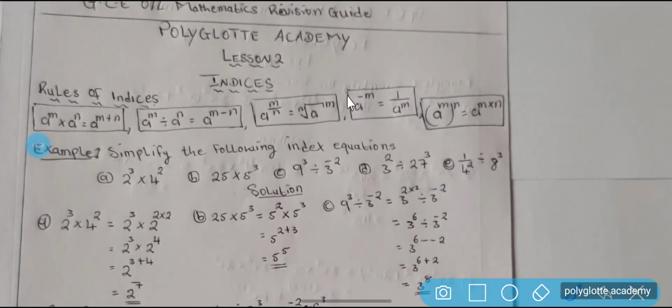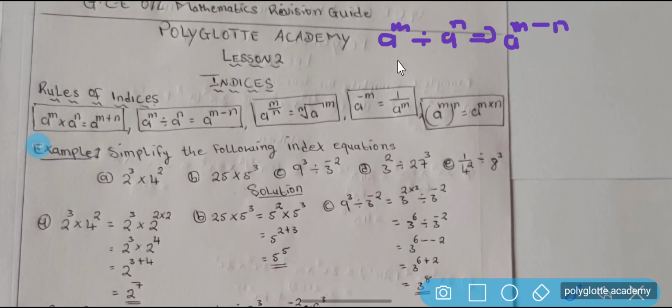So let's move on to the next rule. If A to the power m divided by A to the power n, then this implies A to the power m minus n.